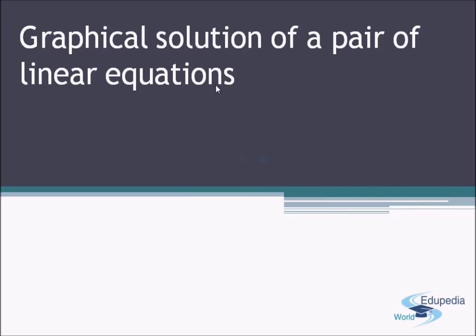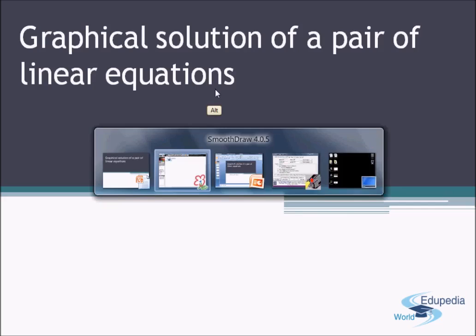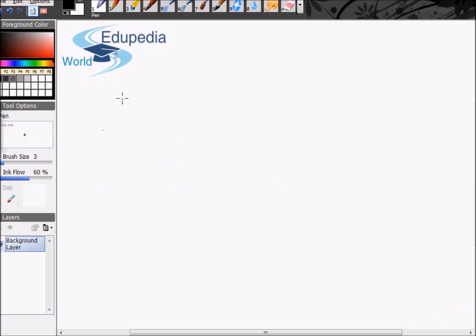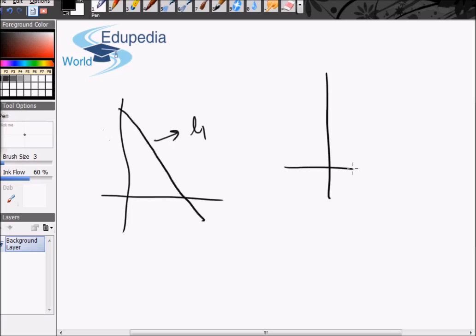In this video, we'll be learning how to solve a pair of linear equations graphically. Friends, if we have a line, say L1, then this line is a collection of points located consecutively and closely.